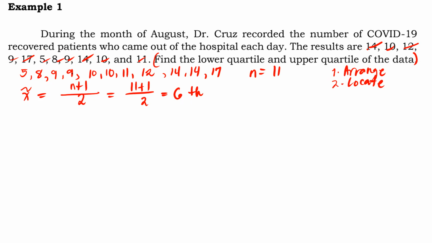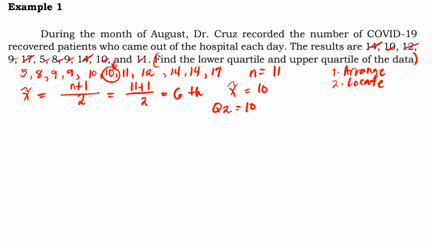Okay? 1, 2, 3, 4, 5, 6. Ito po yung median natin. Our median is 10. And as you can see, since median is in the middle and Q sub 2 is in the middle also, we can also say that Q sub 2 is 10 also.